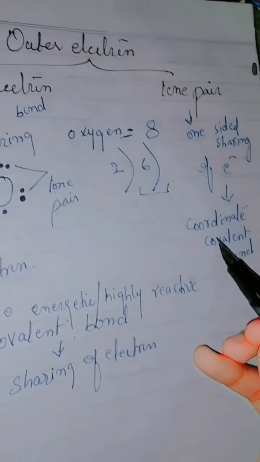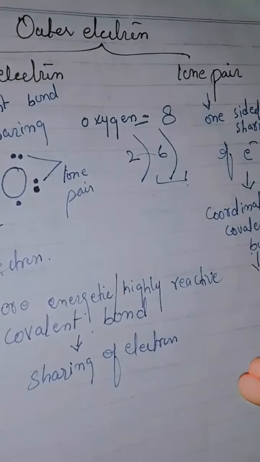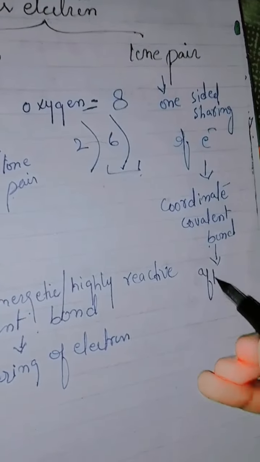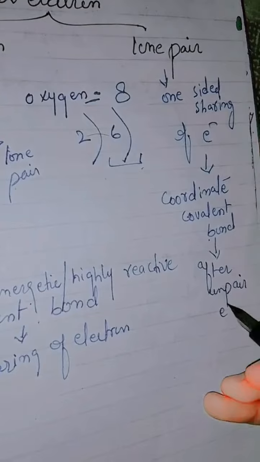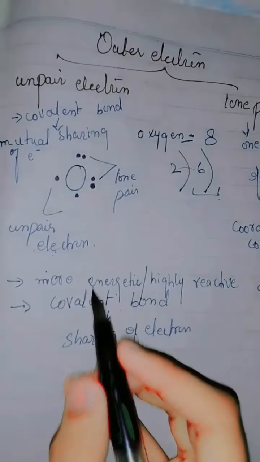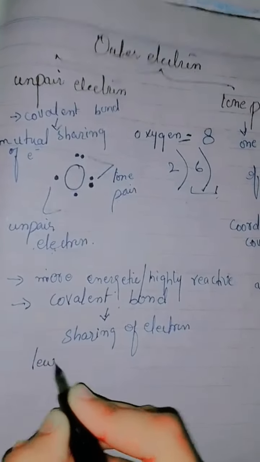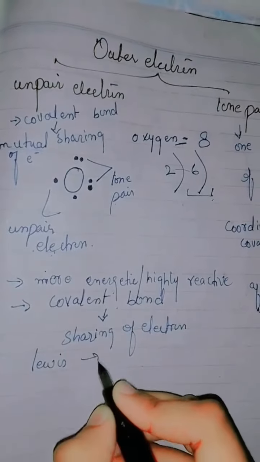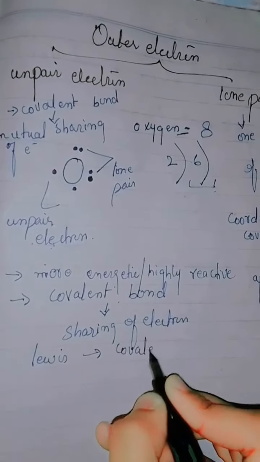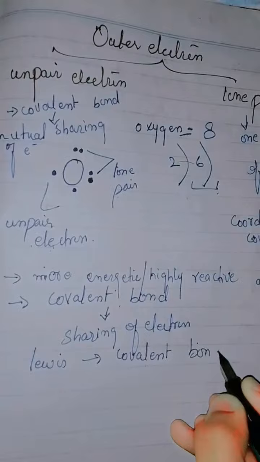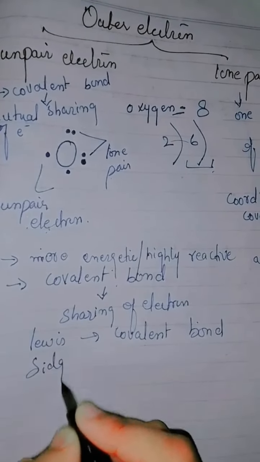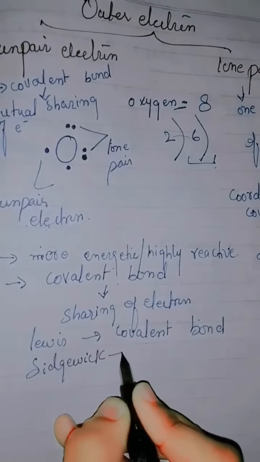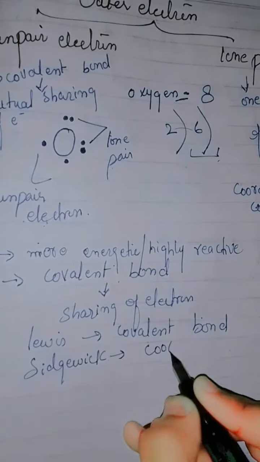The coordinate covalent bond will be made after the unpaired electrons. Lewis was the scientist who gave the concept of covalent bond, and another scientist, Sidgwick, gave the concept of coordinate covalent bond.